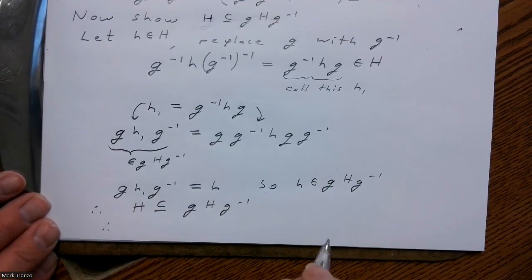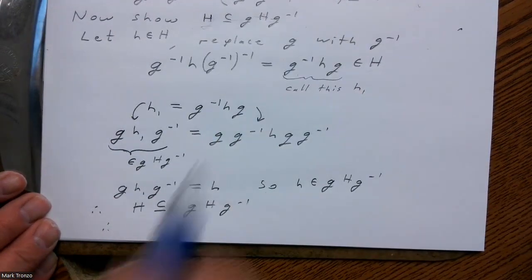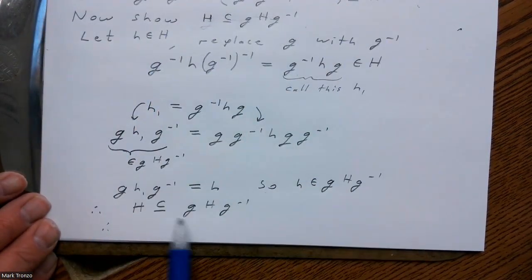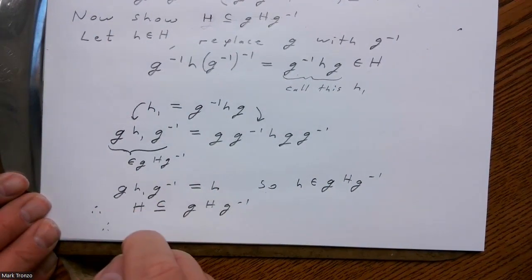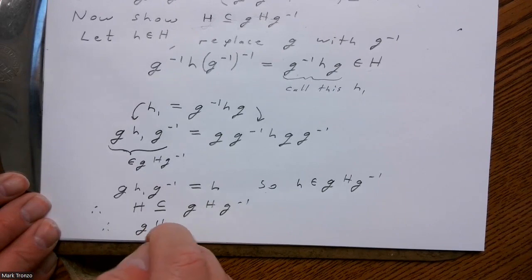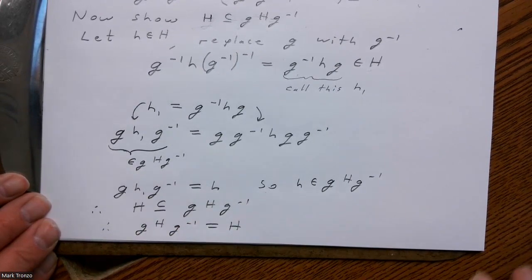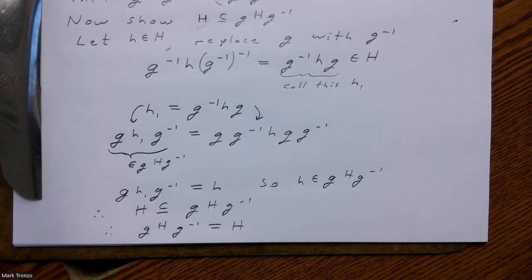Therefore, because up here we said that this was a subset of H, now we've shown it the other way around, that H is a subset of that. Therefore, we can say GHG inverse is equal to H. See if that makes sense.